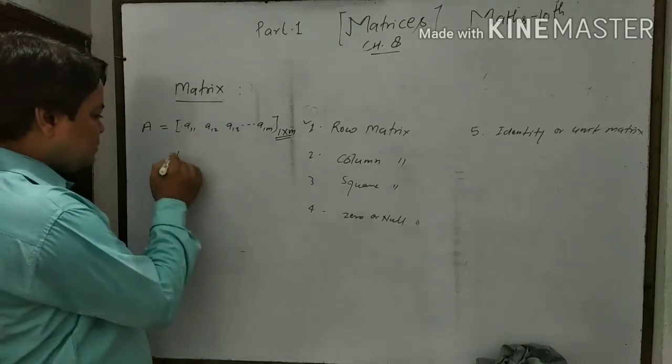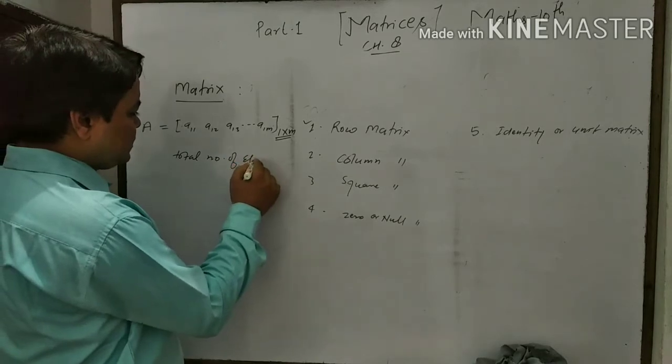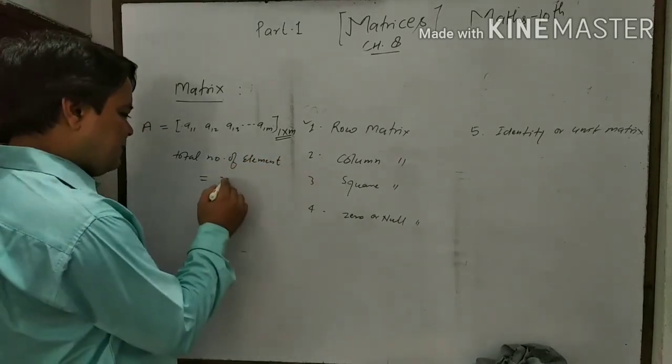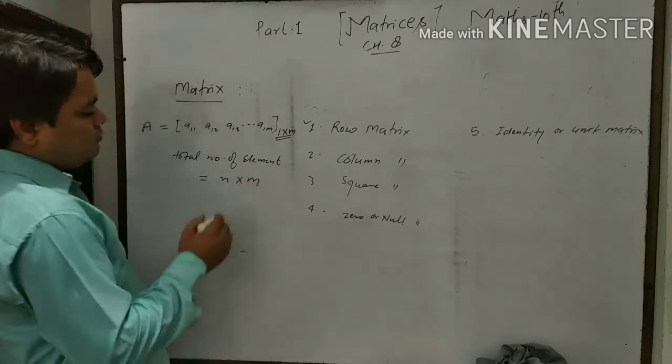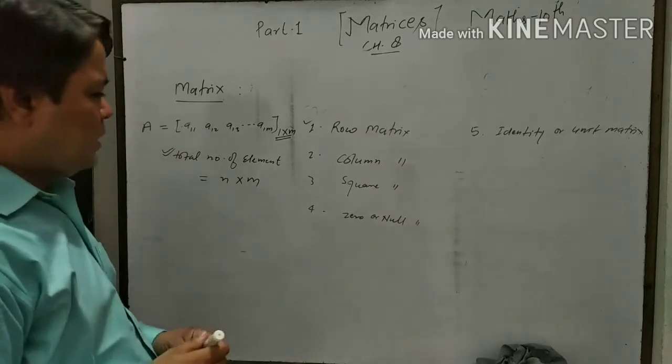Total number of elements is equal to n into m, means number of rows into number of columns.